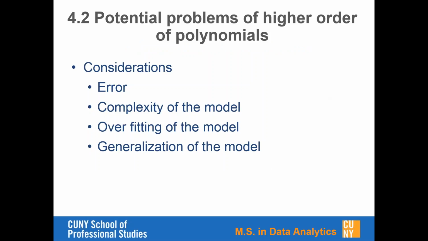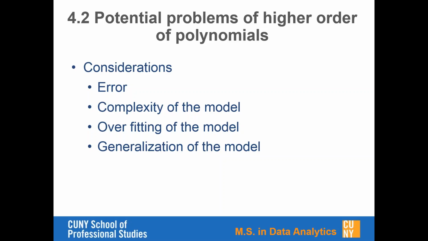And then again, there are potential problems of high order polynomials. The error might be smaller, but the model complexity is higher. And then potentially it can overfit and has less generalization, right? So you have to consider all the 4 dimensions when you try to select a specific model.